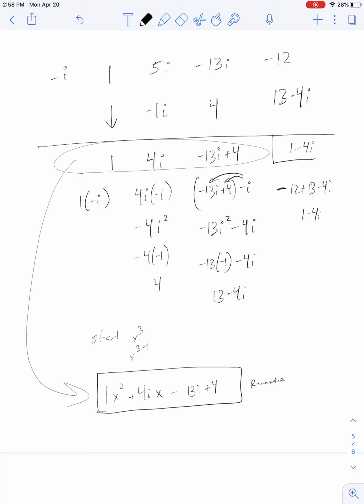And our remainder is a 1 minus 4i. So some nice examples to this first objective on 8.3.